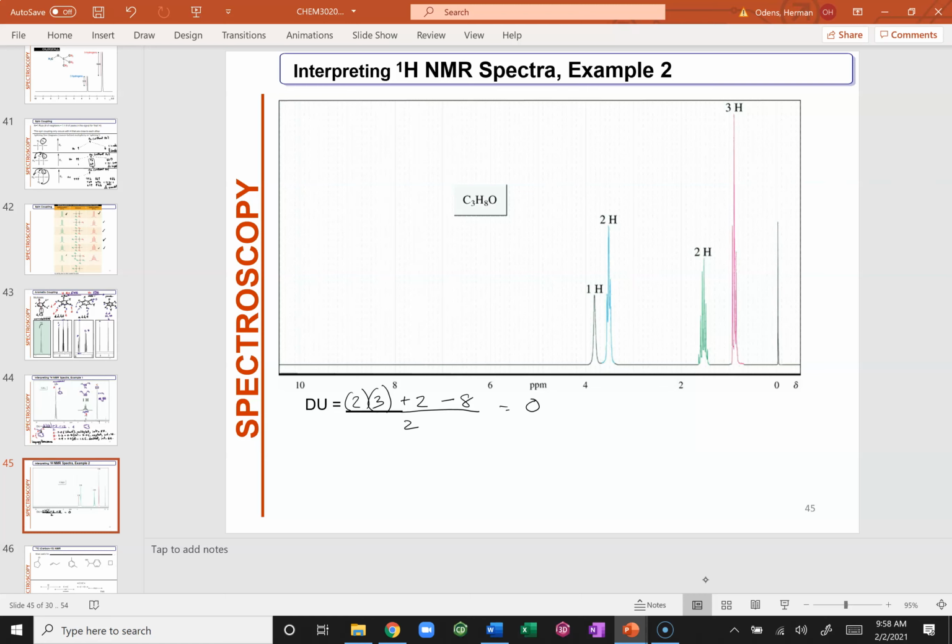Okay. And you see this peak here? This is TMS. It's a reference peak. Whenever you see a peak that is not integrated, don't care for it. All right? You will find sometimes the TMS shown. Sometimes you will see a peak around 7.24. That is your deuterated chloroform peak.